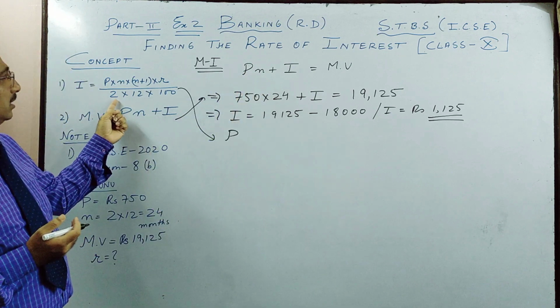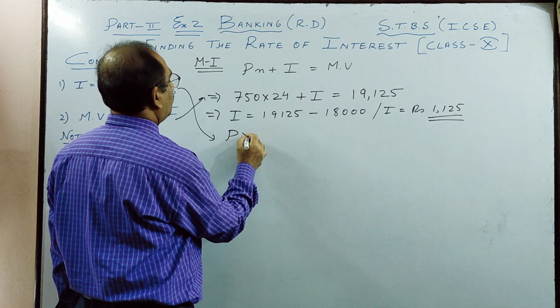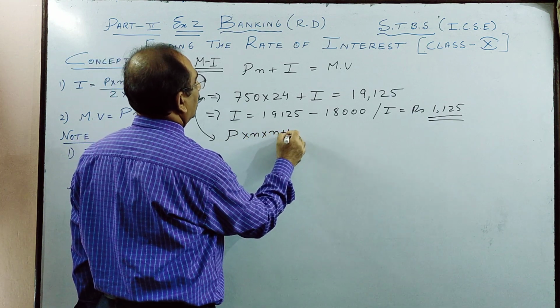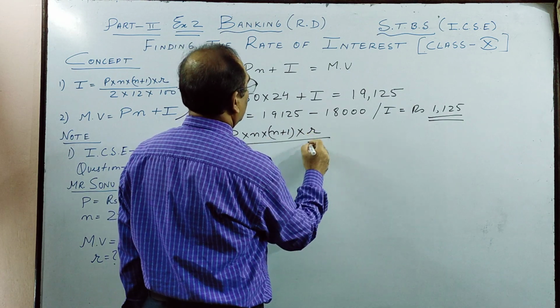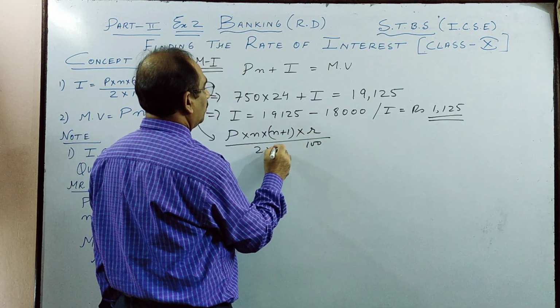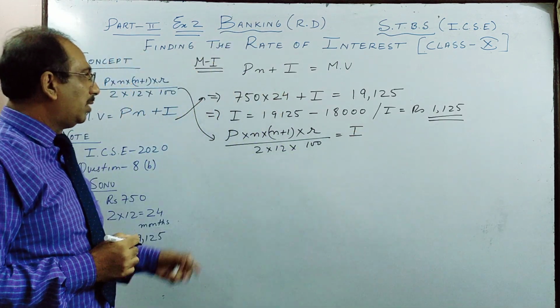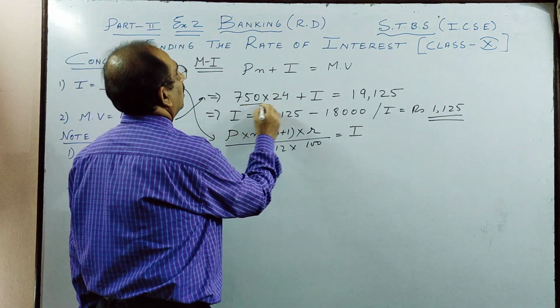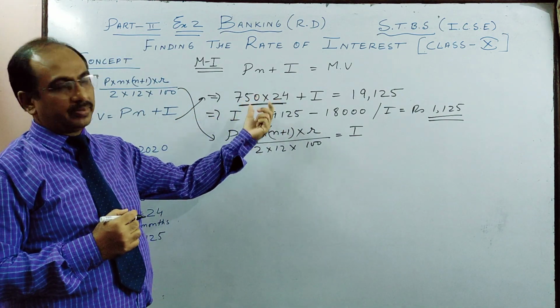Same way I start with the right side of the formula: P into n into n plus 1 into R by 2 into 12 into 100 is I. This is the interest given by the bank. This was Mr. Sonu's investment.